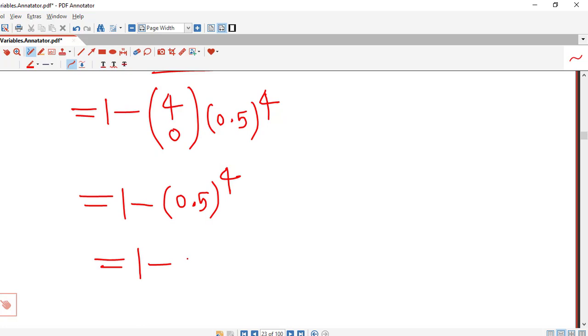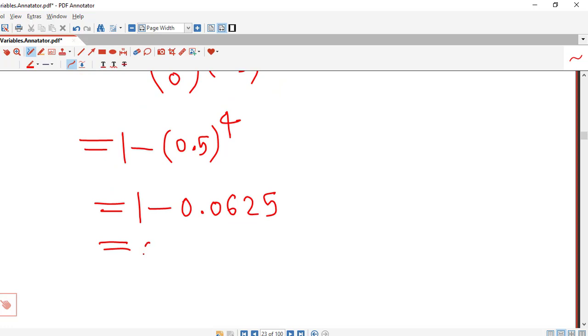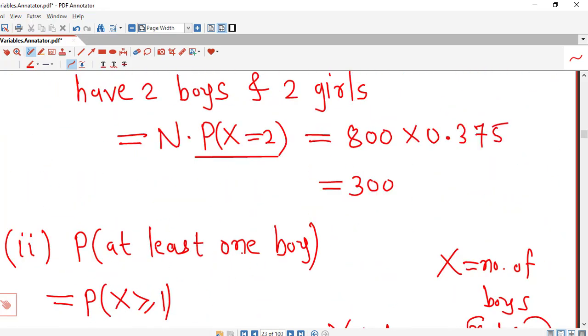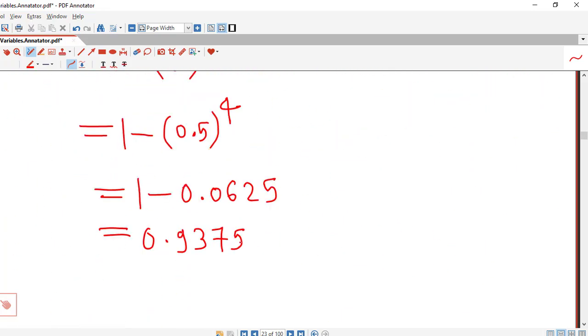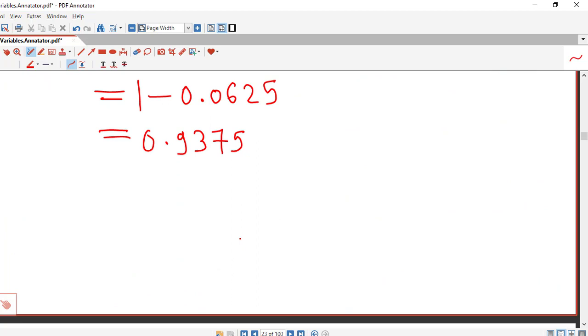If I calculate this I have 0.0625, and this turns out to be 0.9375. So the probability of at least 1 boy in one family is 0.9375.